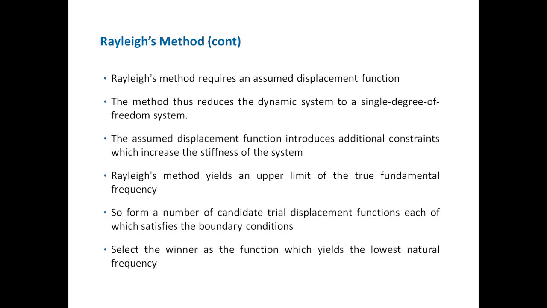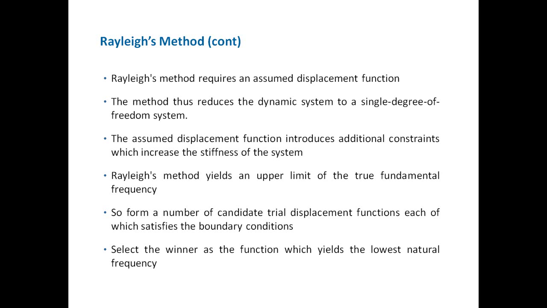There's also another set of boundary conditions, and these relate to the bending moment and the shear at the boundaries. If possible, our assumed mode shape should also satisfy those boundary conditions as well. But at the very least, it needs to satisfy the geometric boundary conditions.